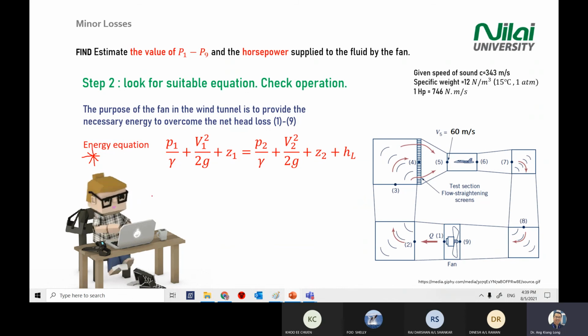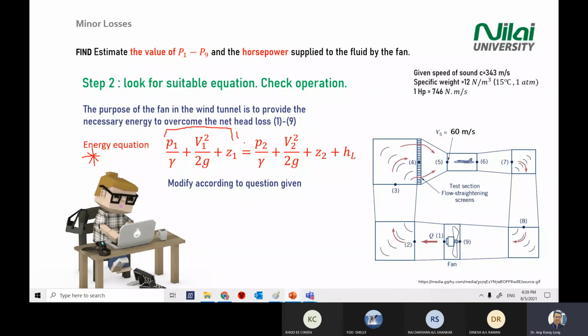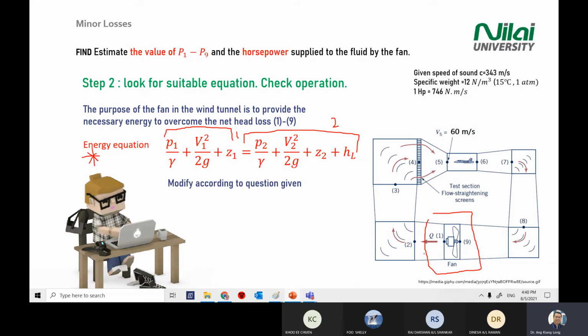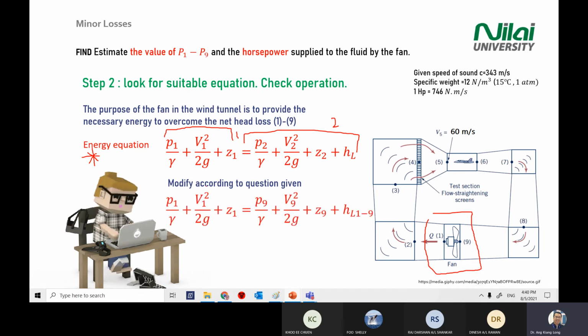Then you look at the system. We make some modification based on the energy equation, because in the energy equation you are comparing point 1 and point 2, and the energy at both ends will be the same. In this case, at point number 9, the point that I highlight on our screen here, you can modify the equation.